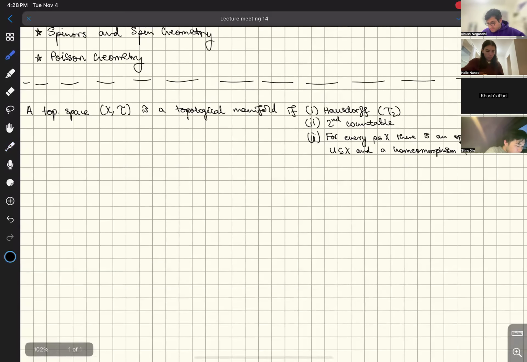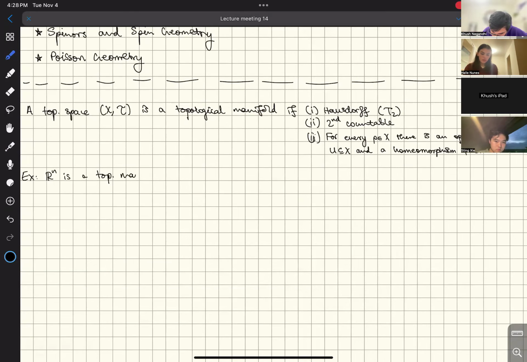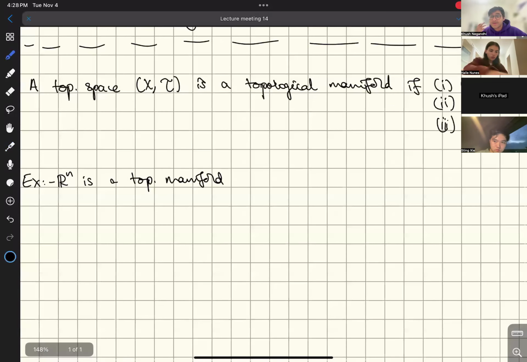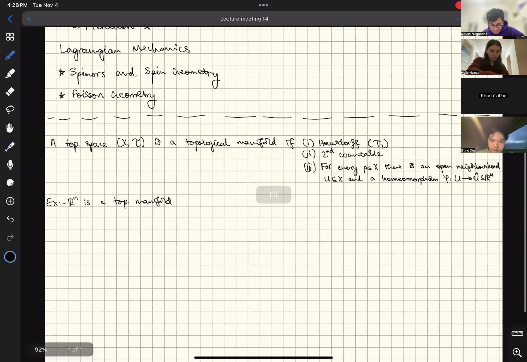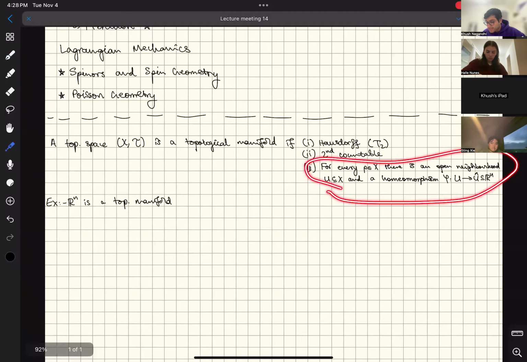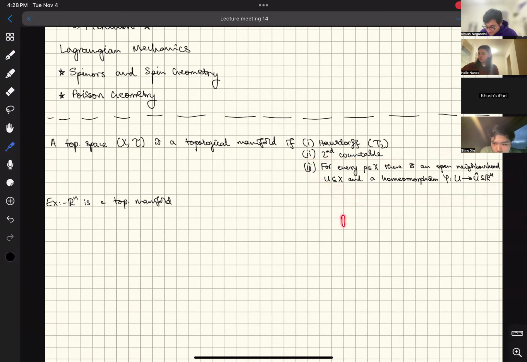Okay, so just some quick examples. Rn is a topological manifold. I hope this is clear to see, because this property is the only non-trivial one, but you can just pick U to equal Rn and phi to be the identity map, and you'll get a homeomorphism.